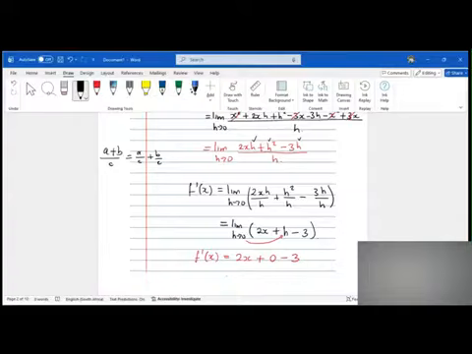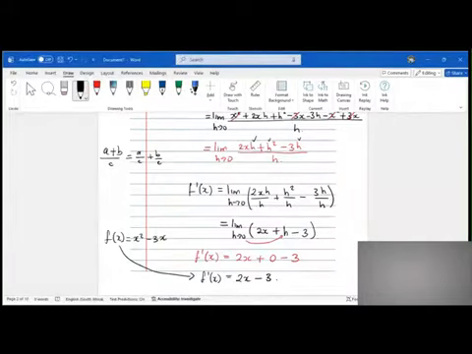So this will be our final answer. The derivative of this f of x is nothing but 2x minus 3. That's the derivative of our function there.